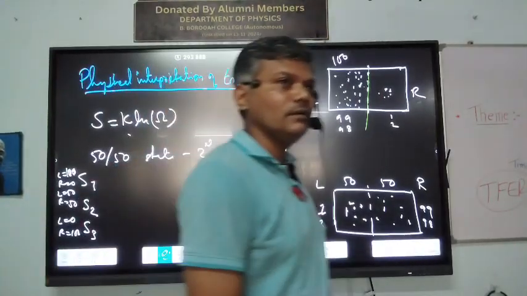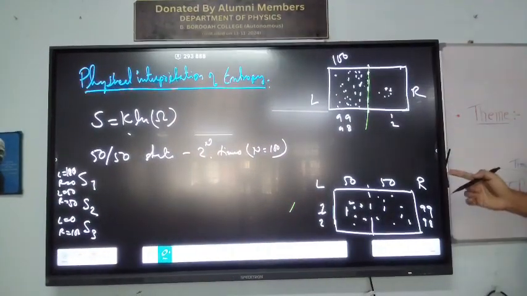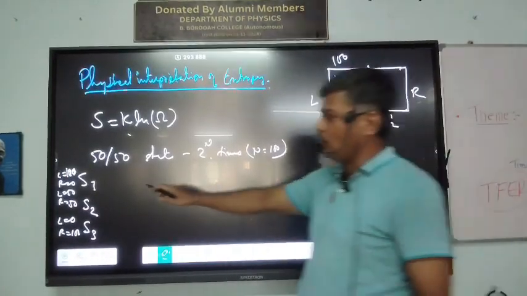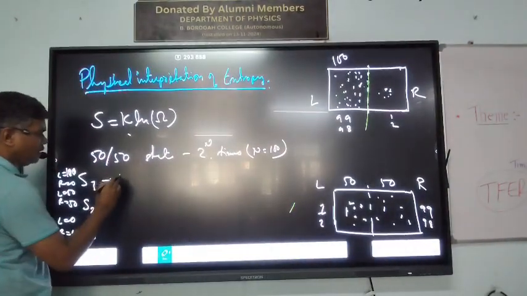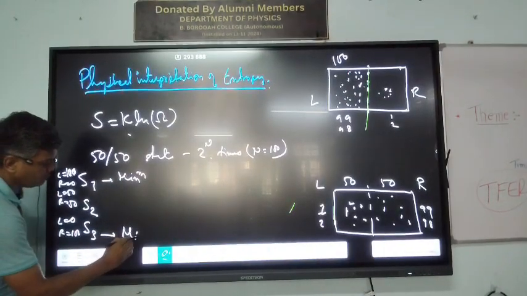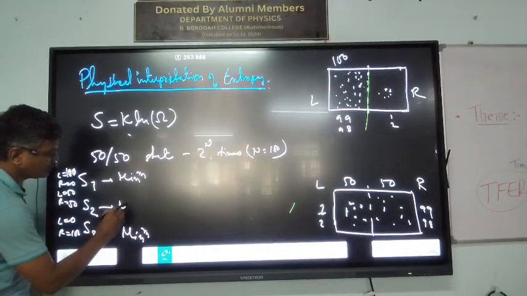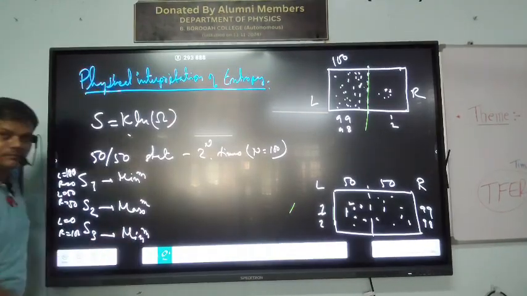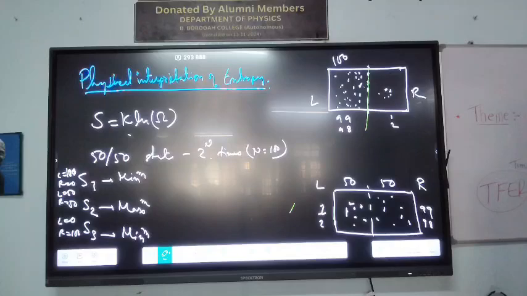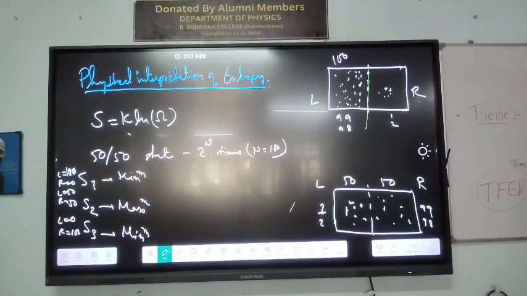Which entropy will be maximum? S2. S1's entropy, what will it be? Entropy is minimum. What will this one's entropy be? Minimum. And this one's entropy? Maximum. Now you look, we see the three situations.